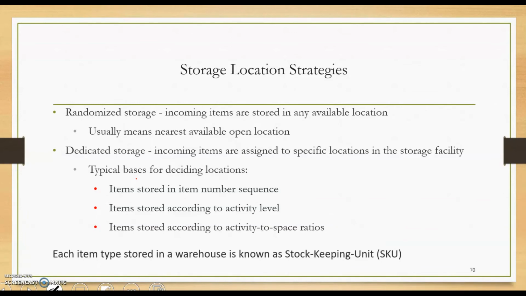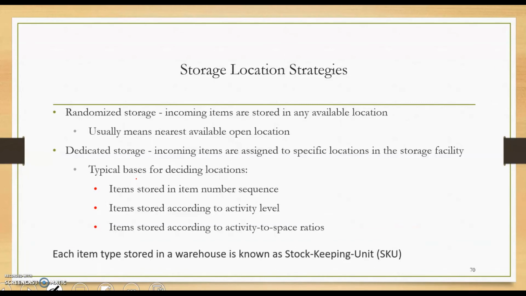In dedicated storage, the incoming items are assigned to specific locations in the storage facility. There are three bases for deciding the location: based on the number sequence, according to activity level, and according to activity to space ratio.